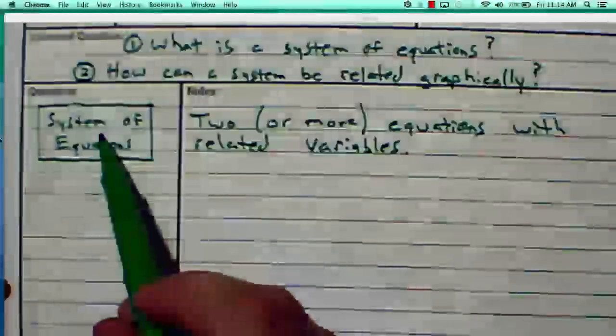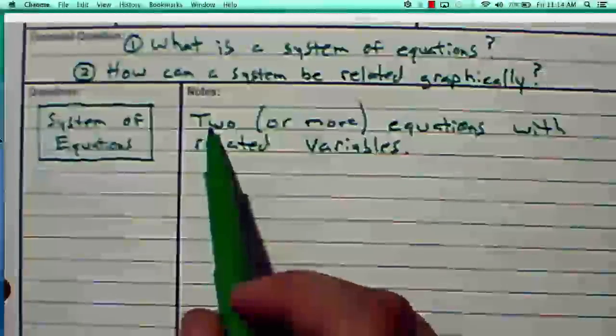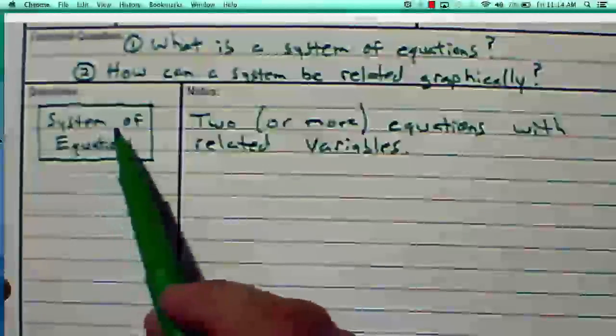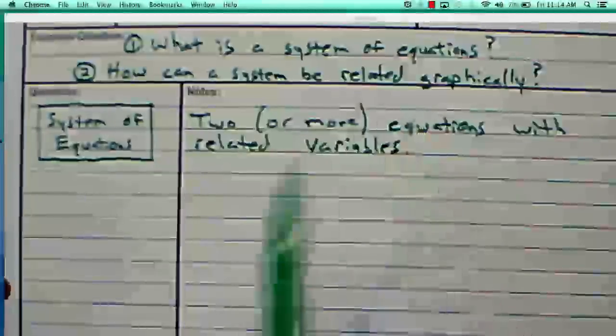A system can be many equations, but for us in Algebra 1 we will just look at two equation systems. So for us, a system of equations is two equations.